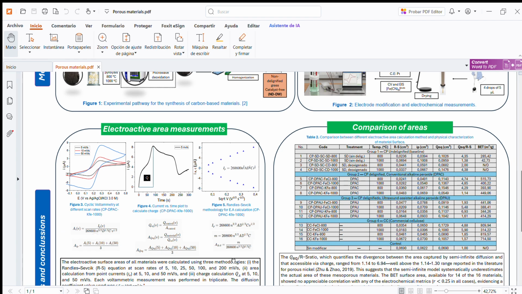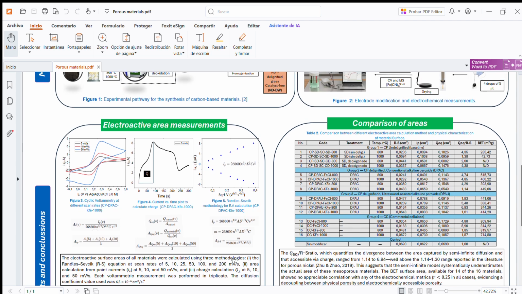Well, we obtain the area by three methods: the typical Randles-Sevcik equation, in which we construct graphs of the peak current versus the square root of the scan rate, and from the slope of this graph we obtain the electroactive area.